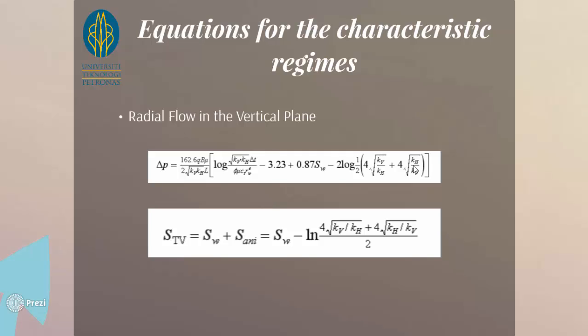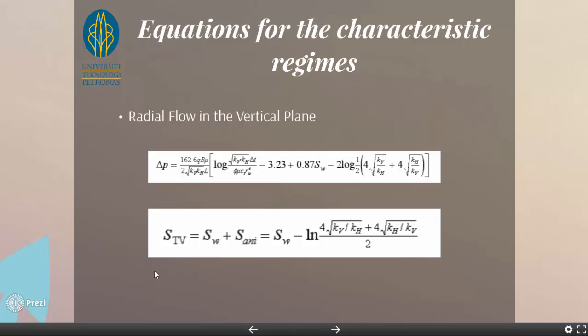Here we can see the equation for the total skin factor: Str is equal to Sw plus Sne, equal to Sw minus log of the 4th root of kv over kh plus the 4th root of kh over kv, over 2.